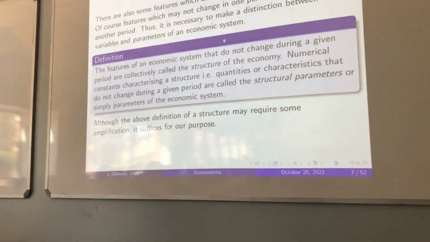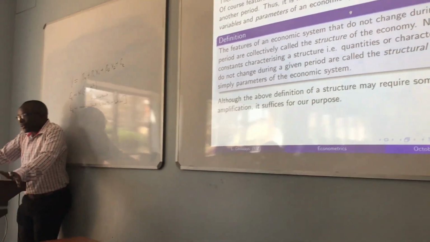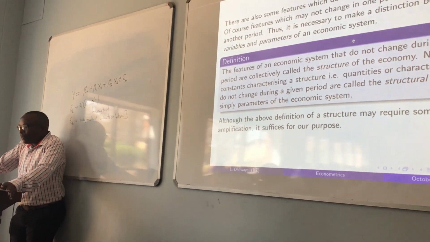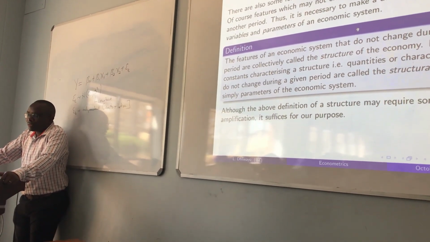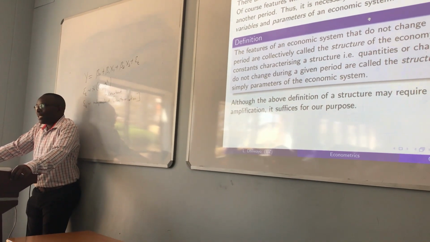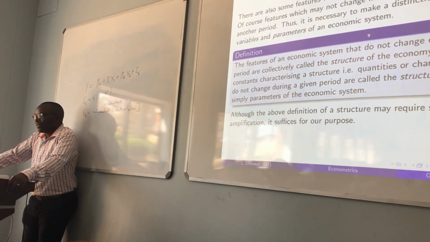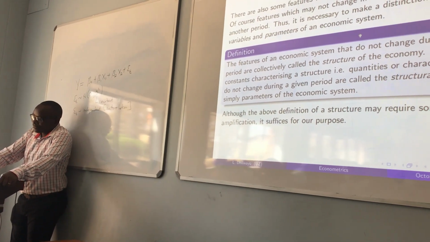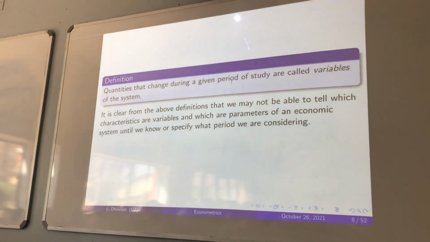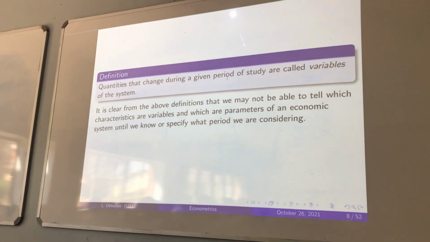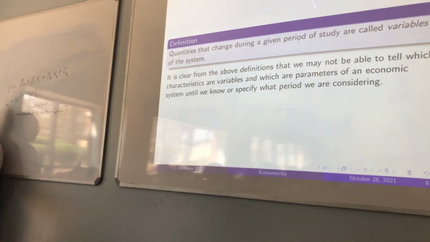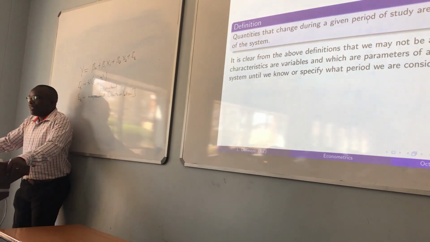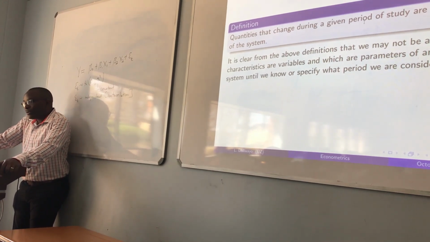So questions can come like, what is the structure of an economy? What are structural parameters? And I'm sure you can answer those questions. Understand? As I'm saying this, I'm also giving you hints. Those who have been taught by me, they now know.